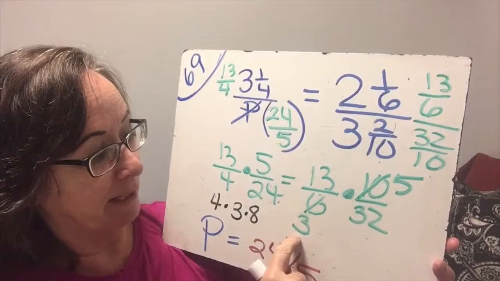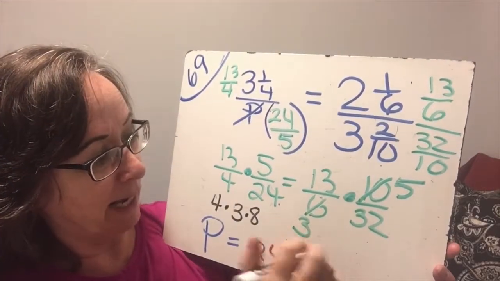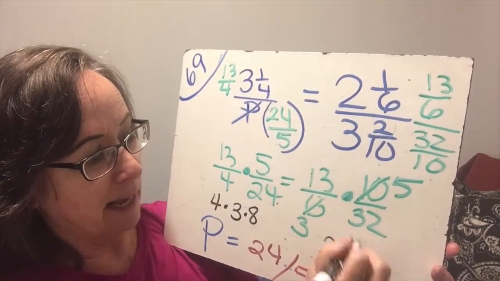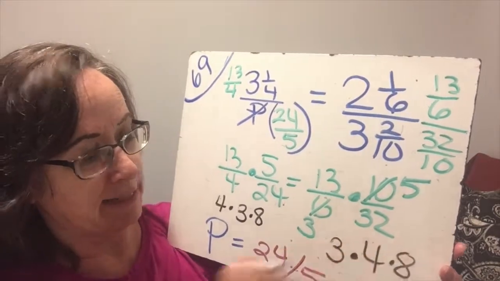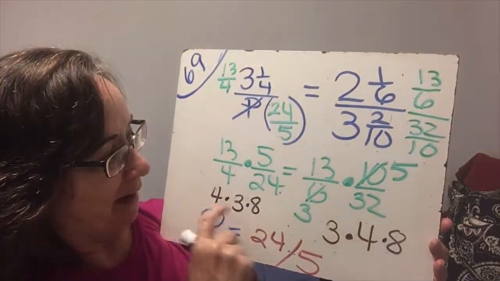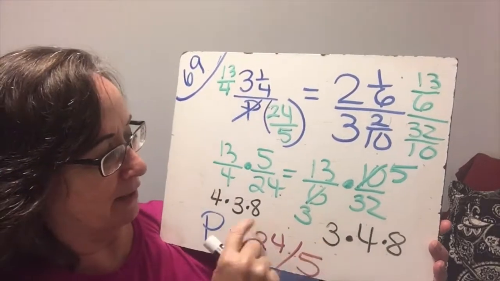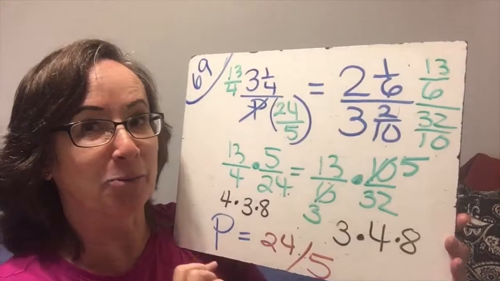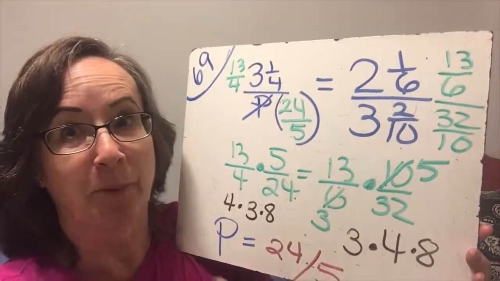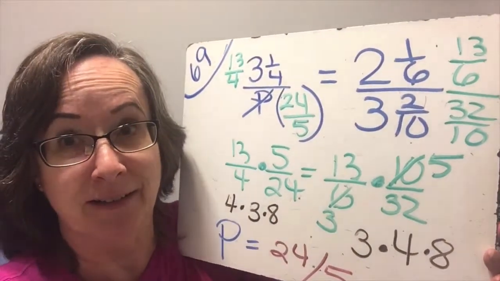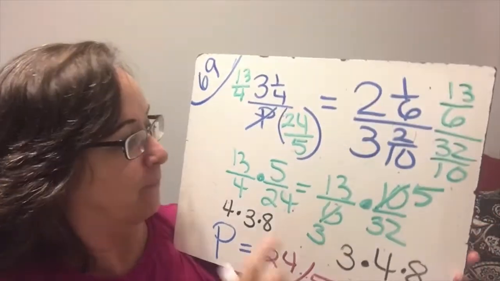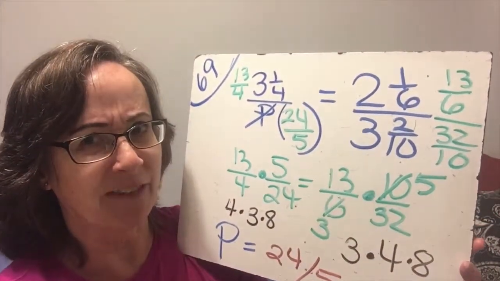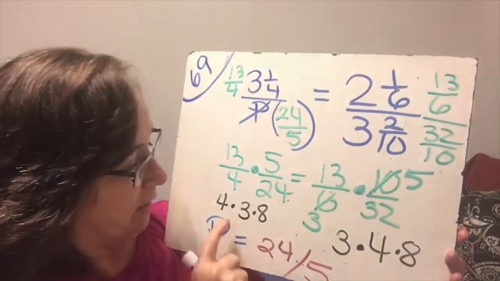Now over here, I'm going to write the 3, and then I'm going to write the 32 as a 4 times an 8. Do I have the same factors on each side? So I was able to tell that those numbers were exactly the same without multiplying them together. It's easier. It's faster. So 13 times 5, 13 times 5, that's 65. But we didn't have to multiply it.